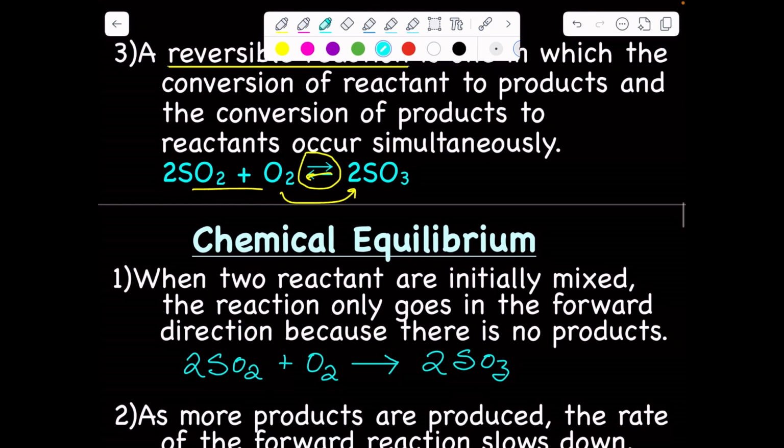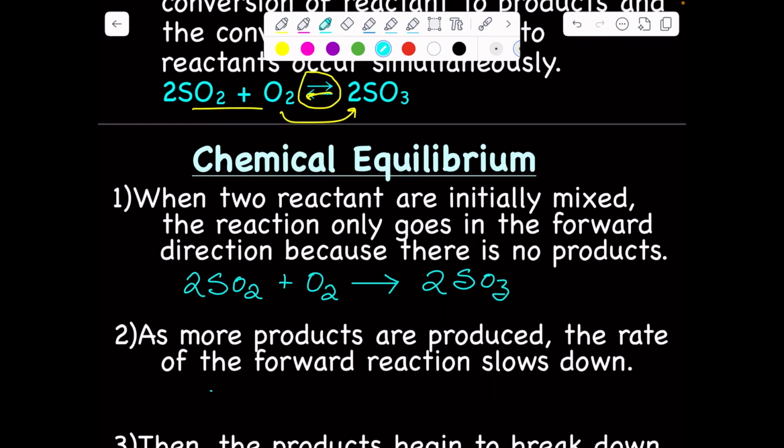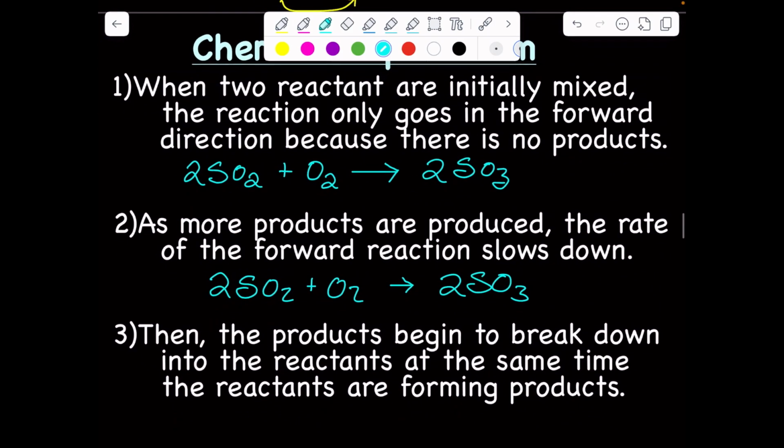Okay, so even with chemical equilibrium or reversible reactions, we start with just reactants making products. Then, as more products are produced, the rate of the forward reaction slows down. So we still have our reactants, but now we have more products. I'm going to draw my little forward arrow smaller, showing that at this point, there's less reactants breaking down and reforming into products. Next step is we get to the reversible part.